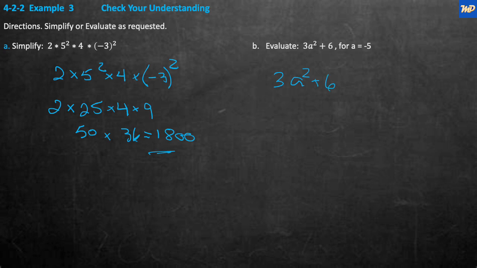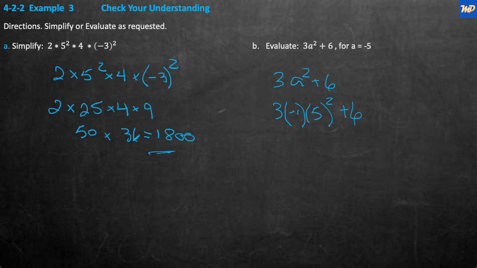In this case, we're going to say 3 times minus 1 times a, which is 5 now, squared, and plus 6. So what does the rule say? This is multiplication. This is multiplication. So multiplication comes after exponents. So you have to do exponents before multiplication.